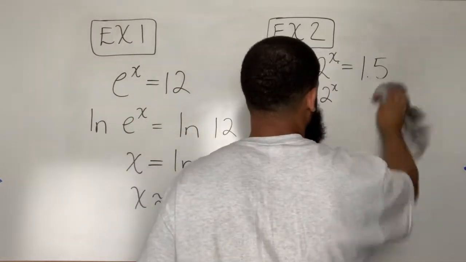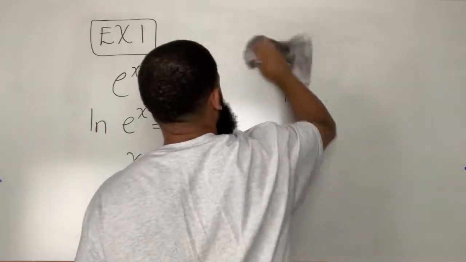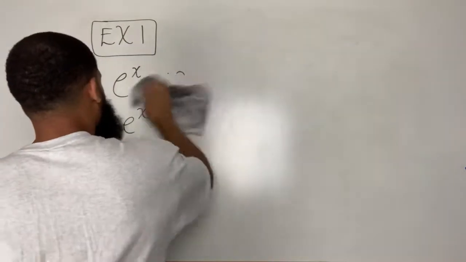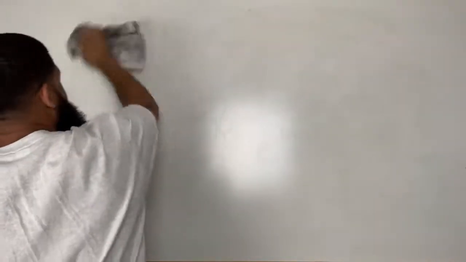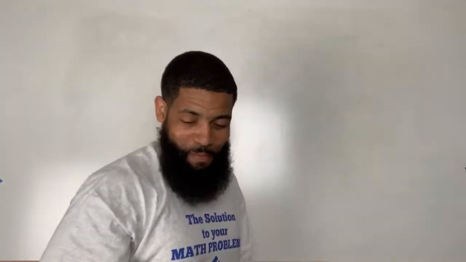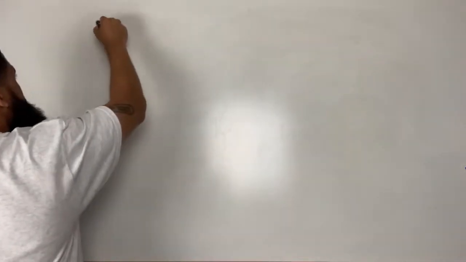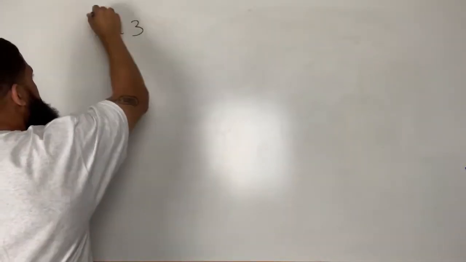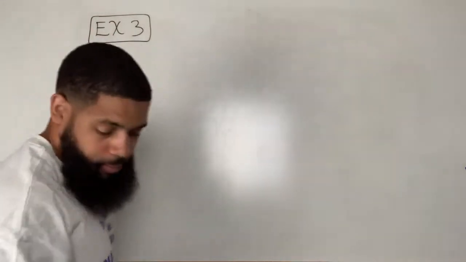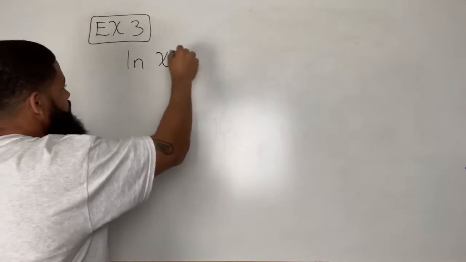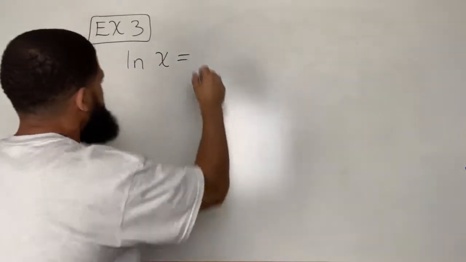Moving right along. So let's go to example number 3, or as I like to say, tree. Example 3, we have the natural log of x is equal to 4.